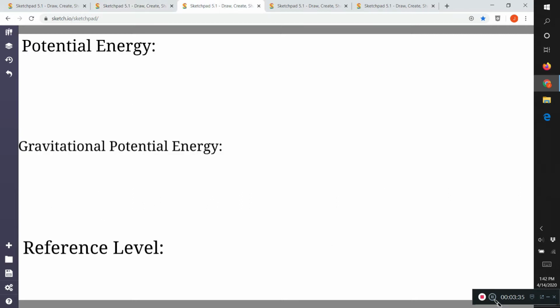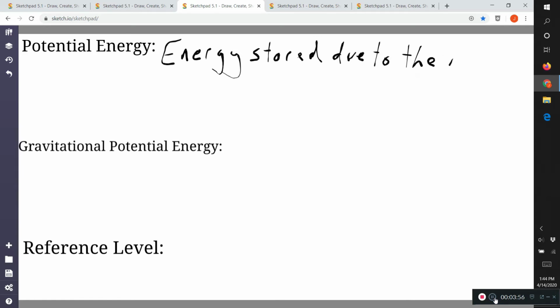The last type of energy we're going to talk about today is potential energy. Potential energy is energy stored due to the interaction of objects.